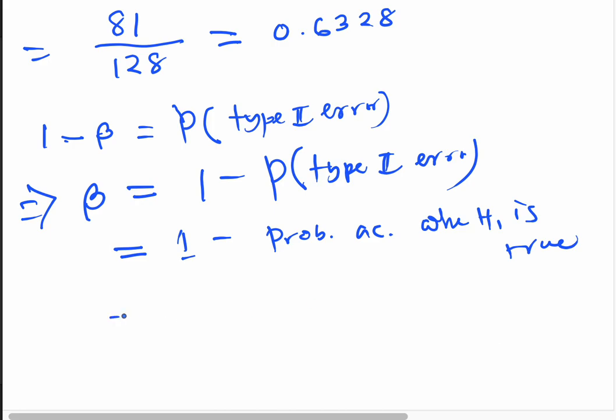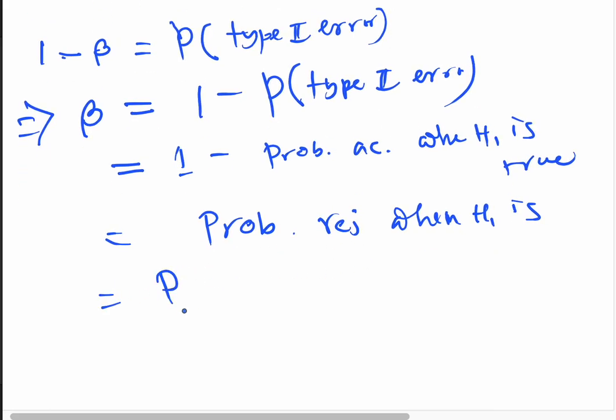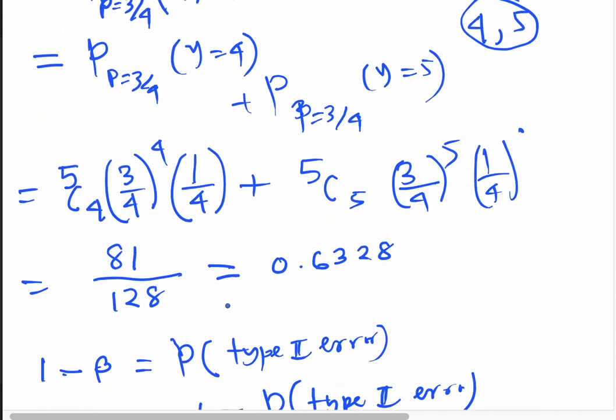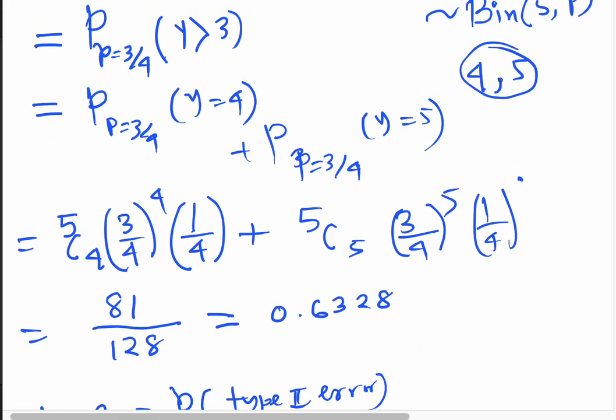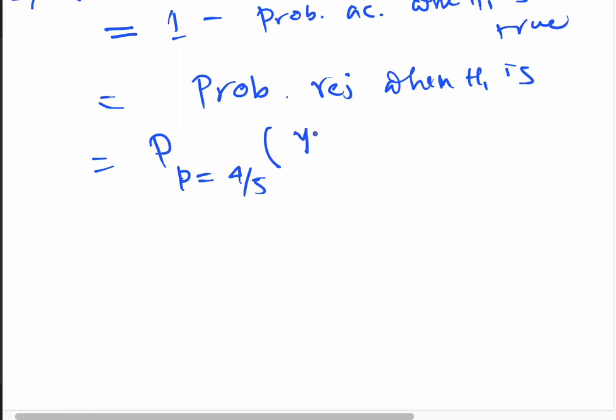That means beta is the probability of rejecting when H1 is true. So it is the probability under H1, that is p equal to 4/5, that my random variable Y is greater than 3.